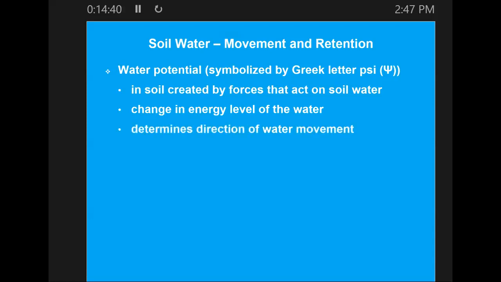This concept helps you figure out how water is going to move. In this case, in the soil, how's it going to move? And we say that water moves from a high water potential to a lower water potential. That's the mantra, from higher to lower.